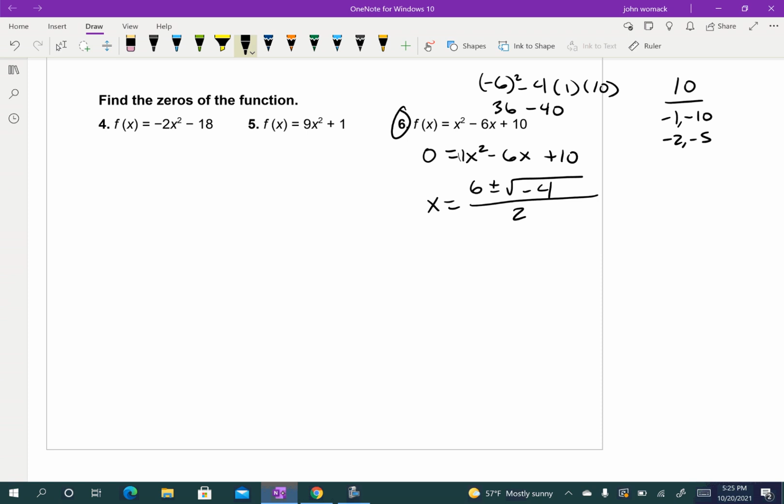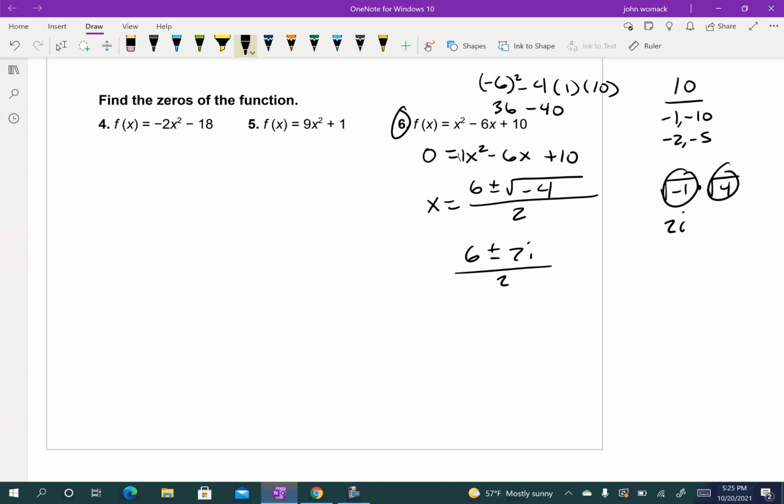So let's find those. The square root of -4 you can break apart to be the square root of -1 times the square root of 4. That would be i, and that would be 2. So I end up with 6 plus or minus 2i over 2.